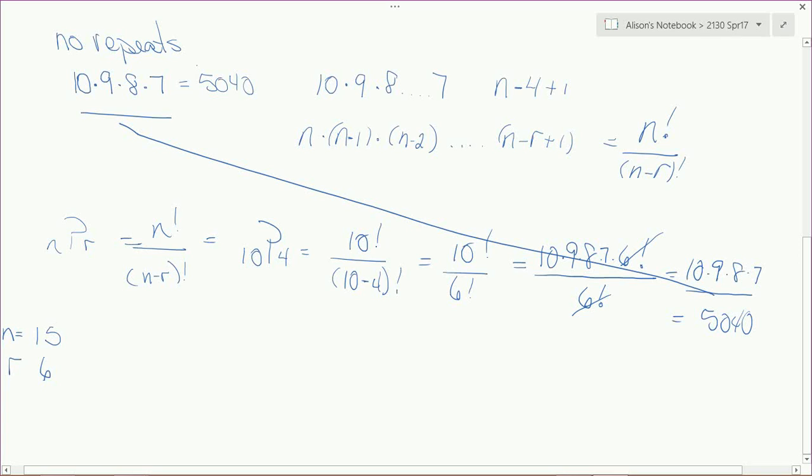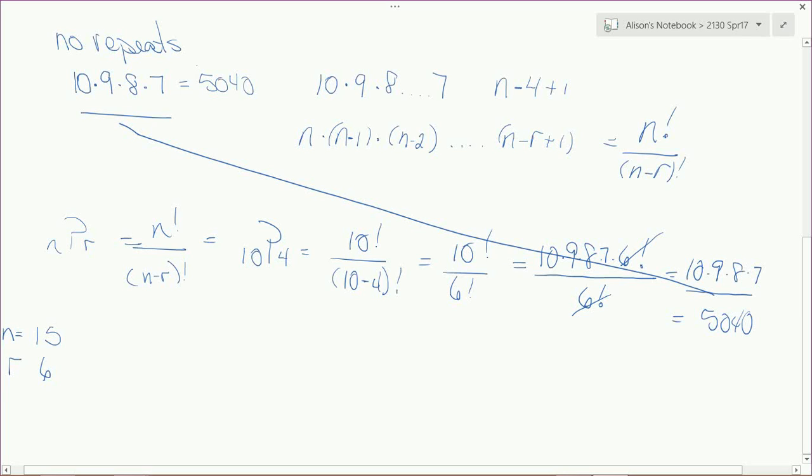So I ask the question, does the order in which they are selected matter? Yes, because the first homeowner is going to get to pick their puppy, and then I'll have the second homeowner pick their puppy, and the order in which they are selected does matter. The second question that I ask myself is, can there be repeats?